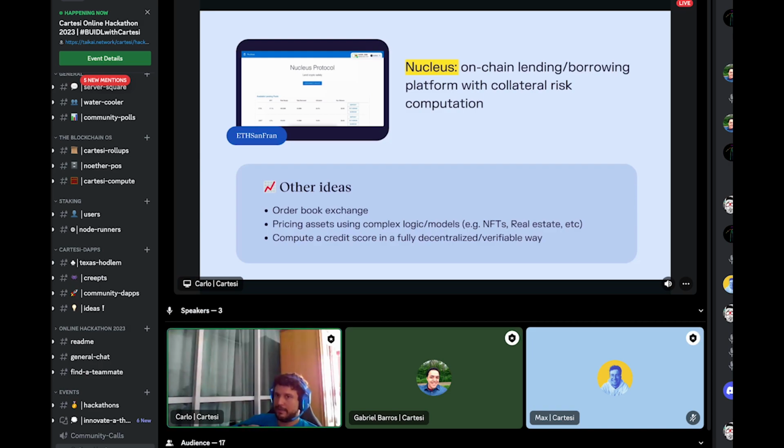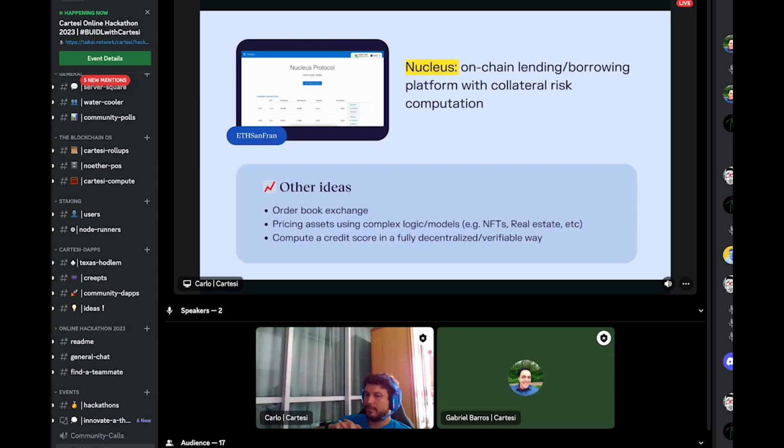What they do is they have this Cartesi machine running NumPy and other data analysis tools, and they do a couple of processing steps on top of the stream of data, including the prices, the volume, and other relevant data of assets. And then they can come up with a better risk analysis, saying something like, yeah, this asset is not good.